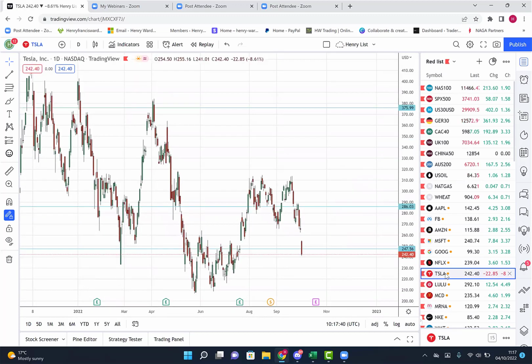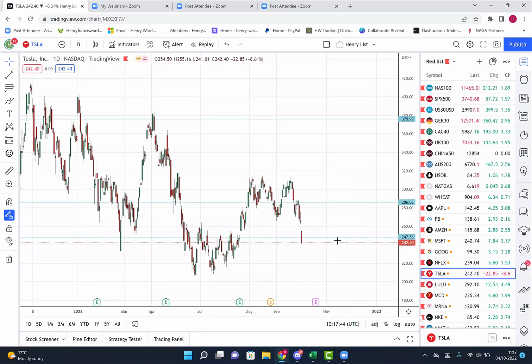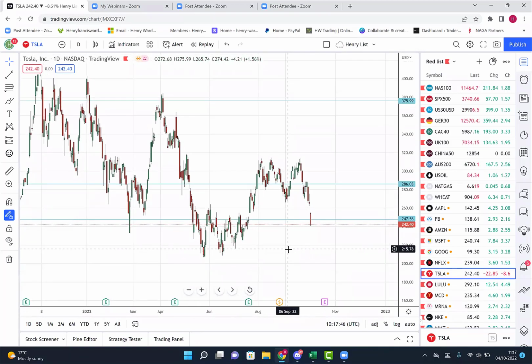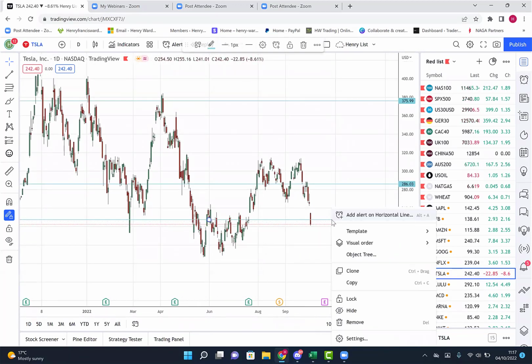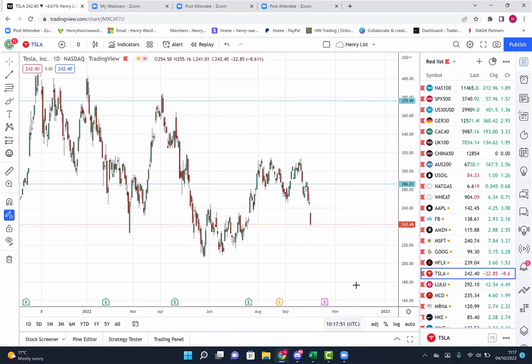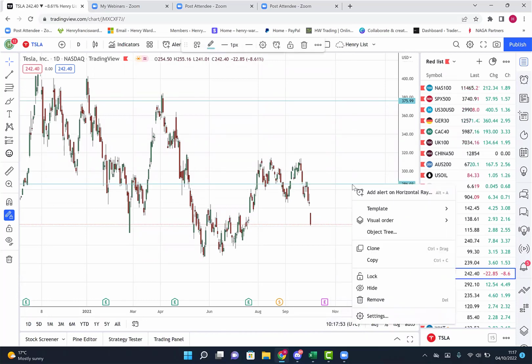And lastly, Tesla. For anyone who is in the market and in the know, Tesla had a bit of a drop. Can anyone tell me why Tesla had a bit of a drop?